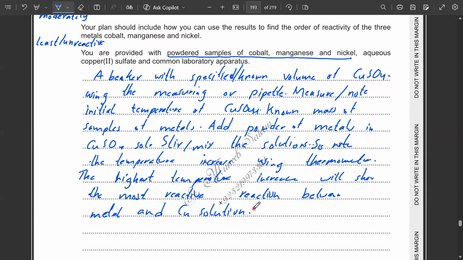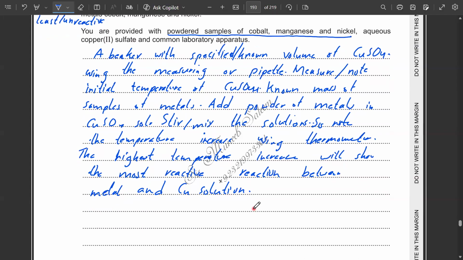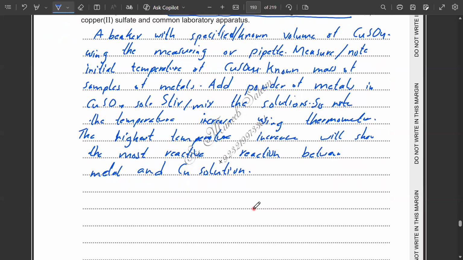So this is how you have noted which of the reactions is most reactive, by noting the temperature change.